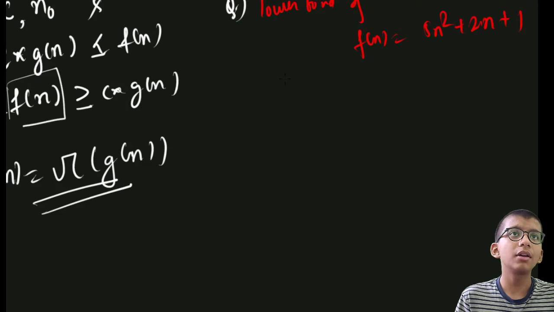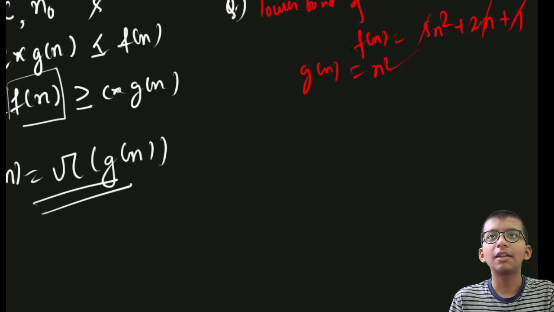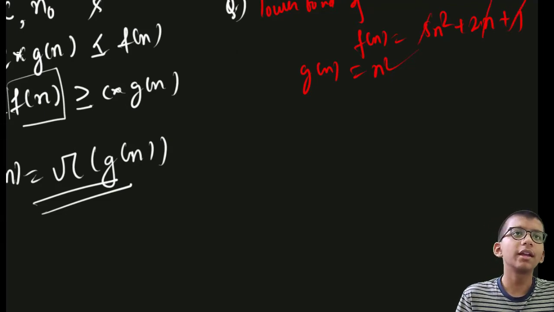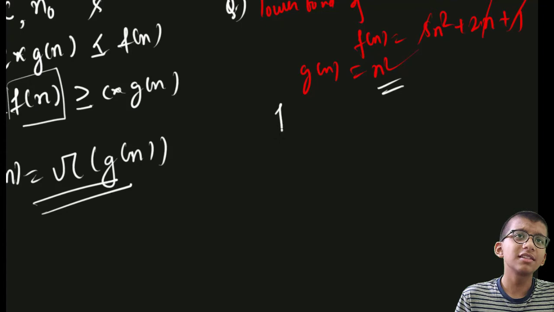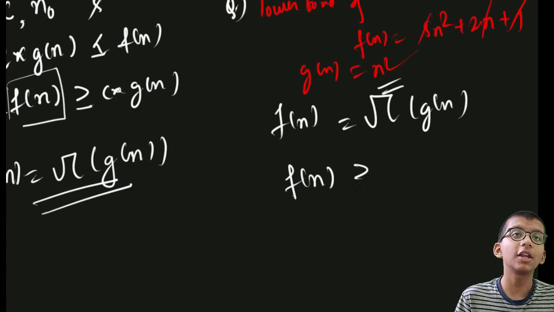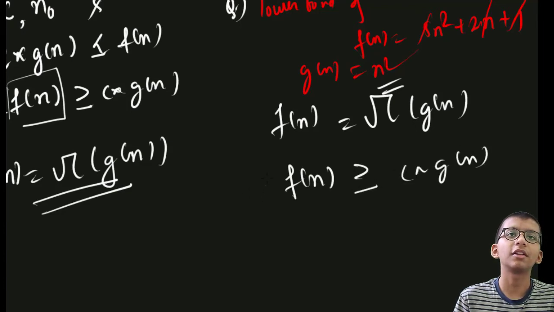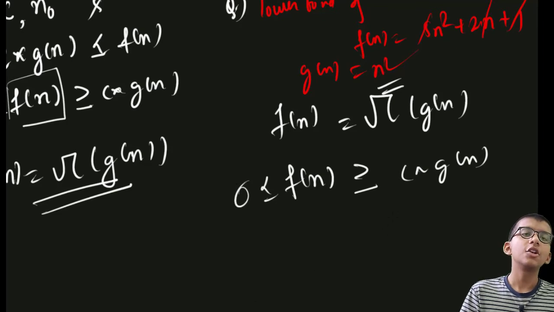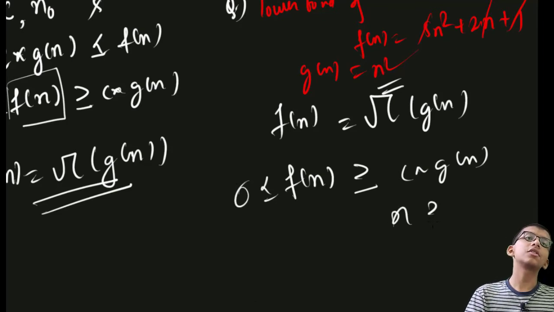For finding g of n, we get n squared, simply because we eliminate all these terms and we are good to go. Okay, so here g of n. For satisfying the condition, it should satisfy that f of n is greater than or equal to c times g of n, for n greater than or equal to n naught.